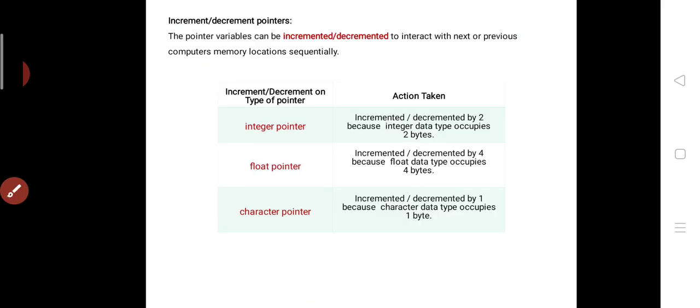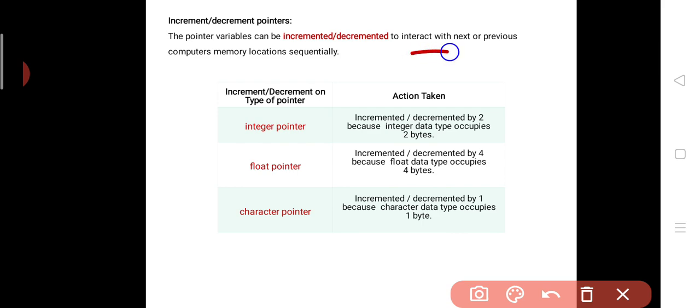Increment and decrement in pointers. As I said already, a pointer variable can be incremented or decremented to interact with the next or previous memory locations. But in case of a pointer variable, the increment and decrement depends upon the type of the pointer.